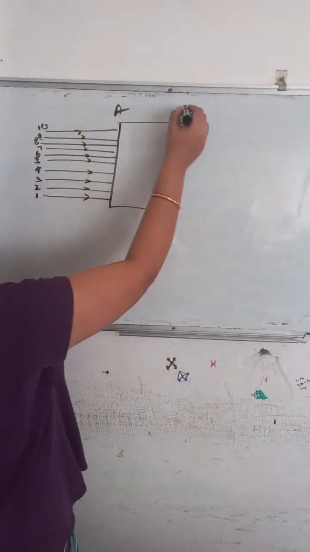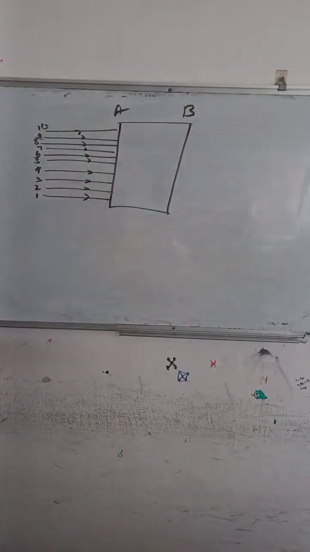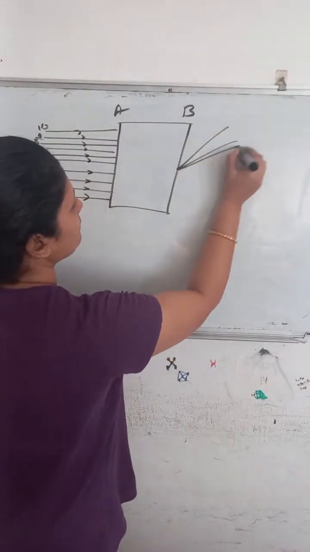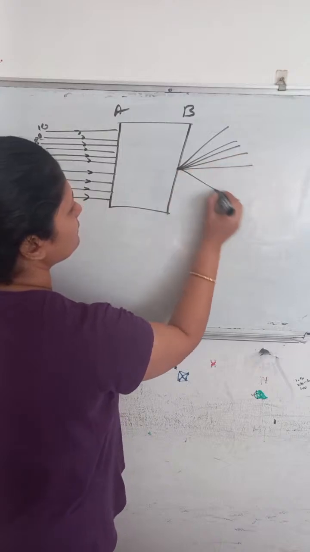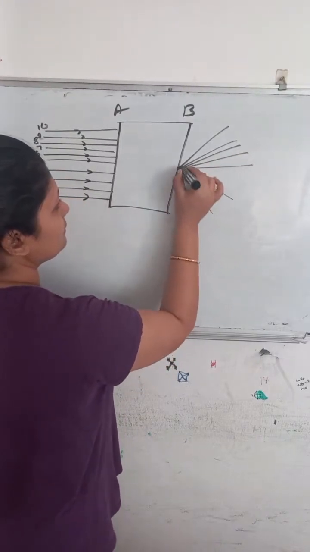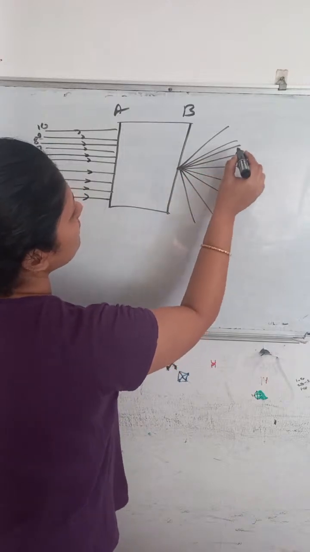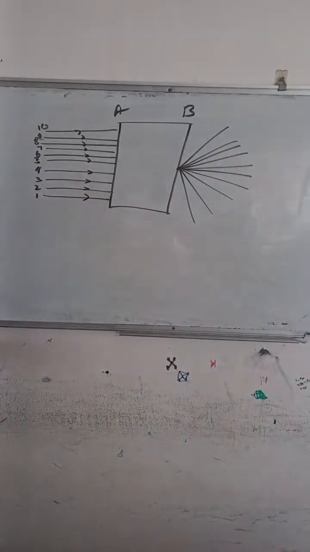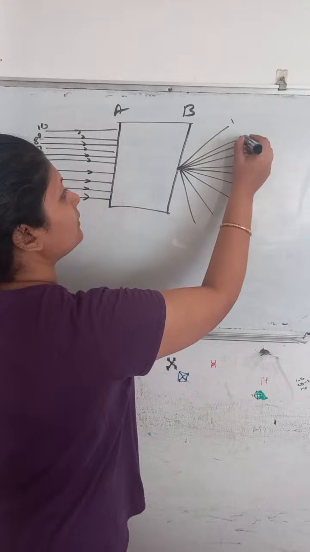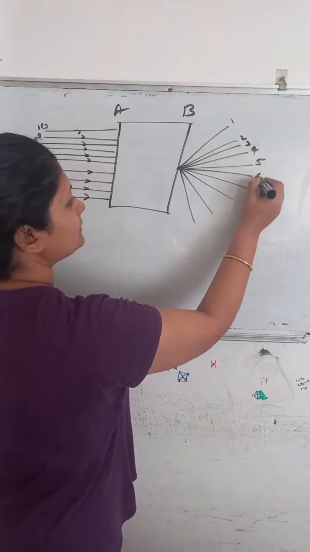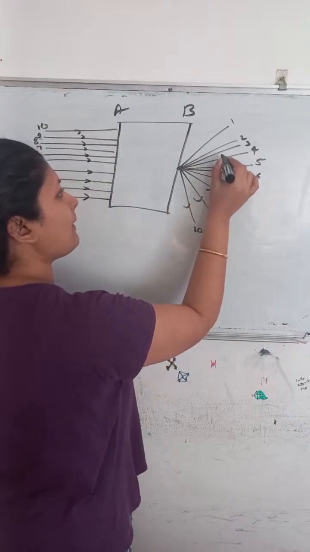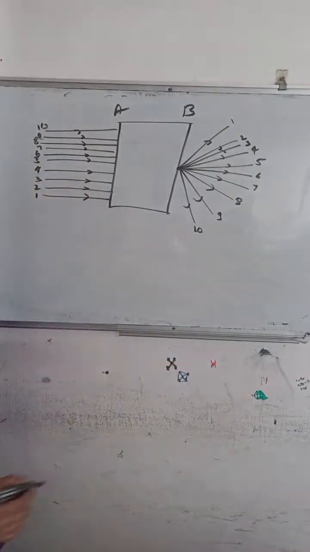You can mark these points as A and B, and the rays of light come out from the other side. So this is the given diagram.